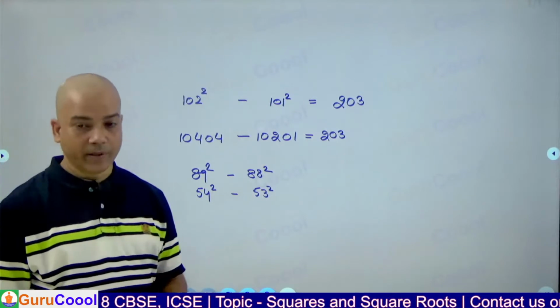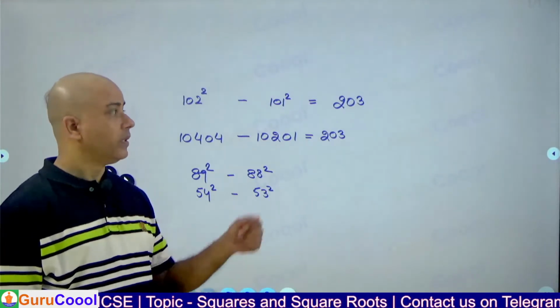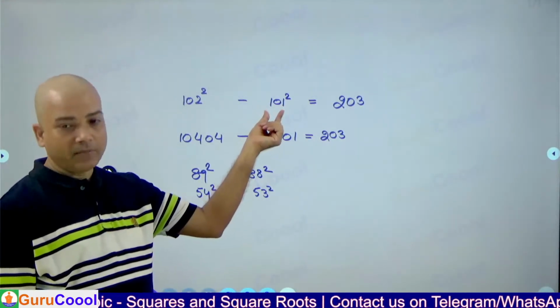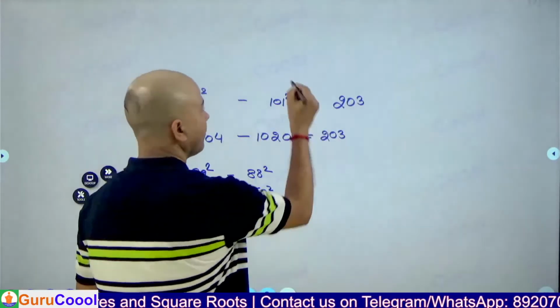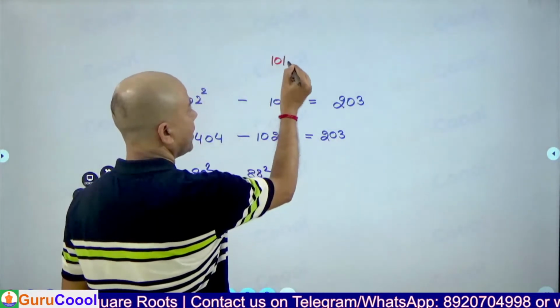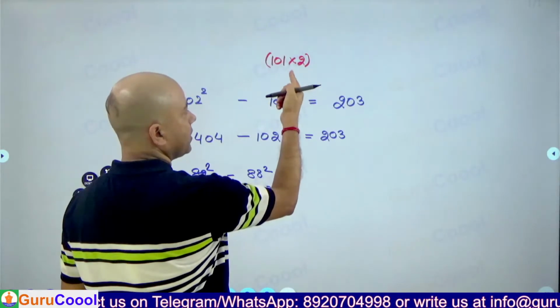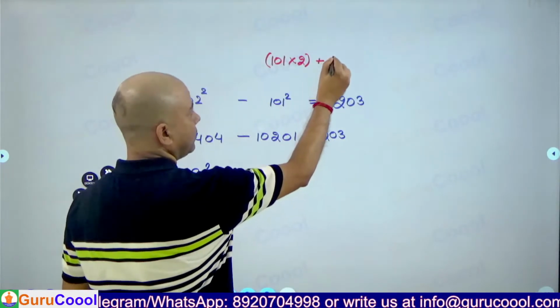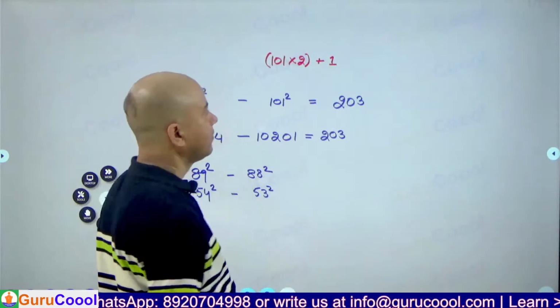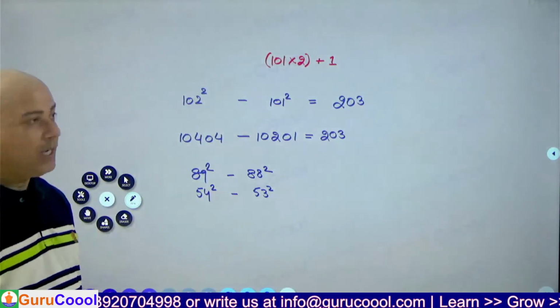There is one more way. You can take the smaller number, multiply with 2, and whatever result comes, add 1 to it. And I have one more shortcut.